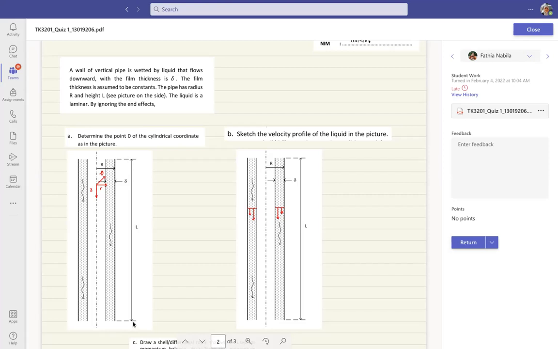And then I would like to write also, if you let me write it here. If this is the z axis, and this is the R axis, the theta is not that way. The theta is about that way. So it rotates around the radius.